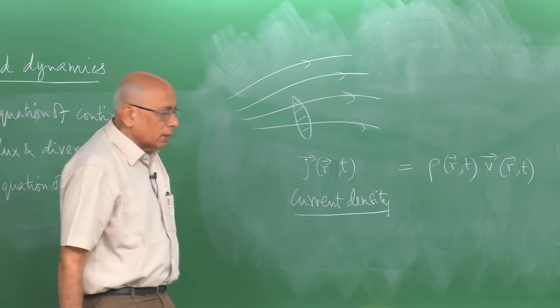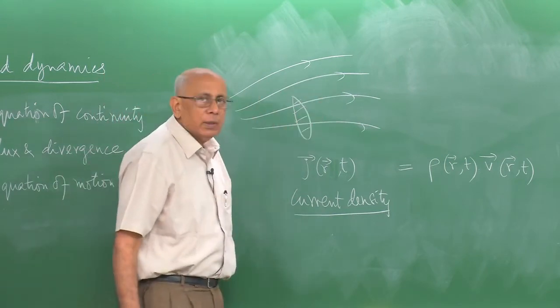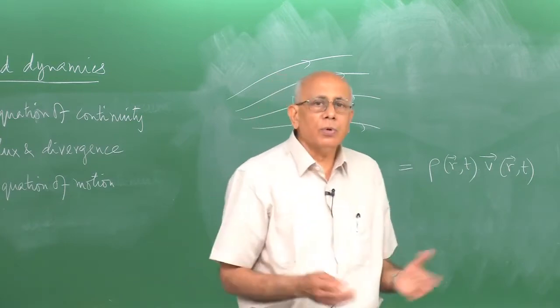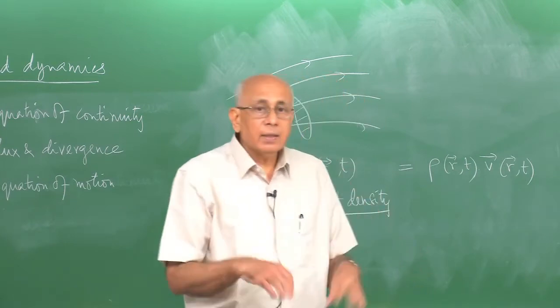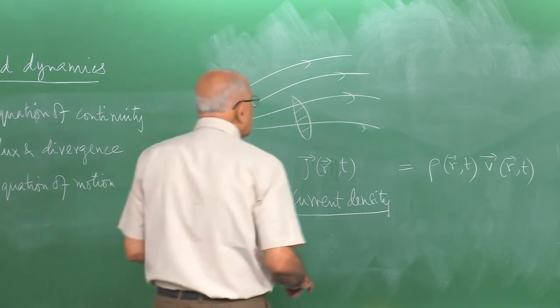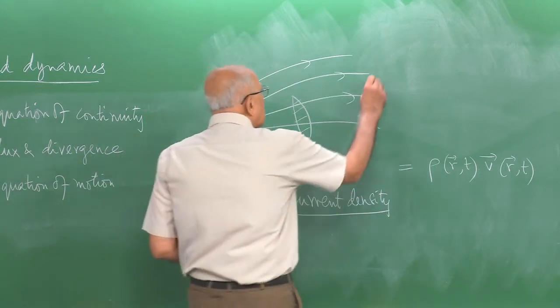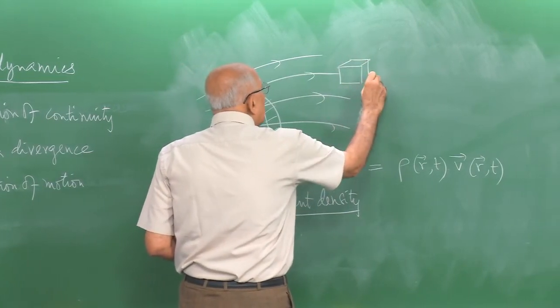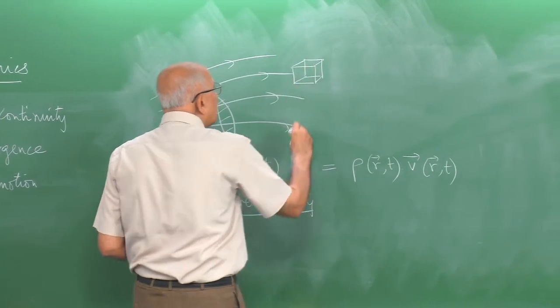Now, we could ask, when this fluid is in motion, assuming that there are no points in the fluid which are either sources of fluid coming out or sinks into which the fluid disappears, what is going to happen to a little volume element dV at some point here.